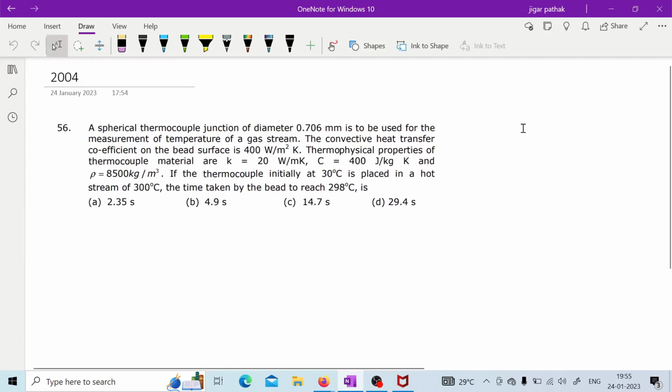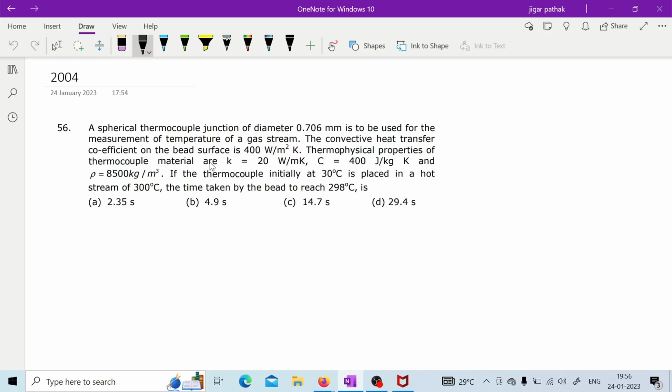Okay, now let us go to the previous year questions. So it is from GATE 2004. A spherical thermocouple junction of diameter 0.706 mm is to be used for the measurement of temperature of a gas stream. The convective heat transfer coefficient on the bead surface is 400 watt per meter square Kelvin.